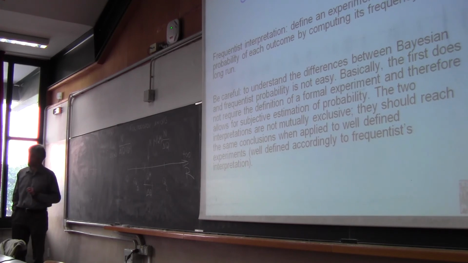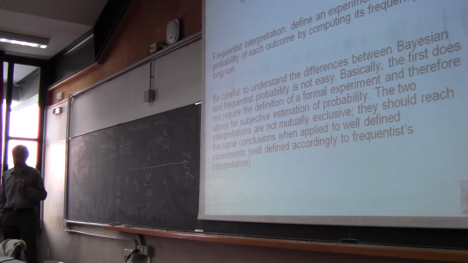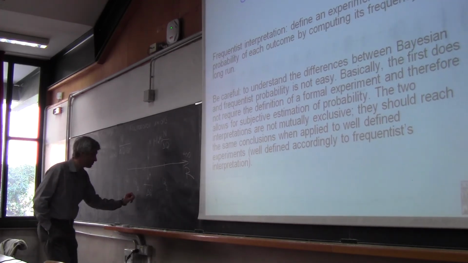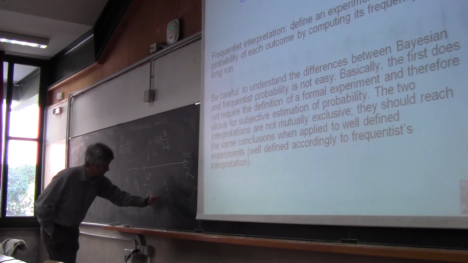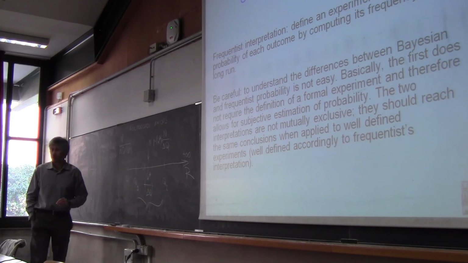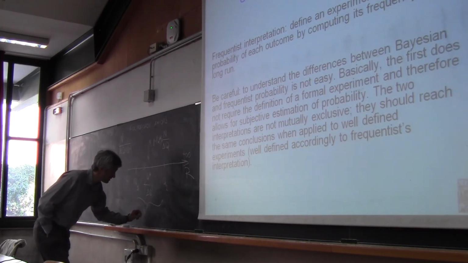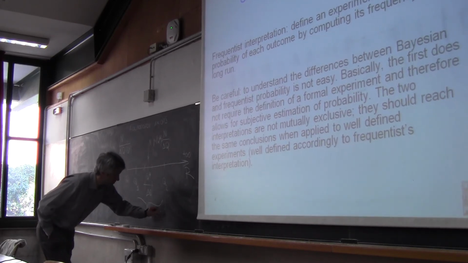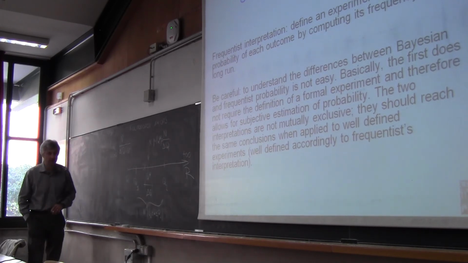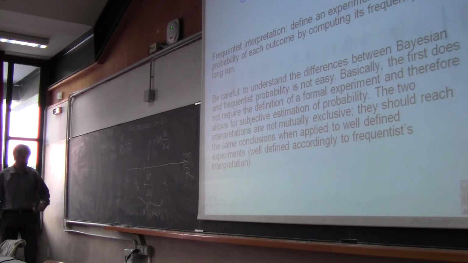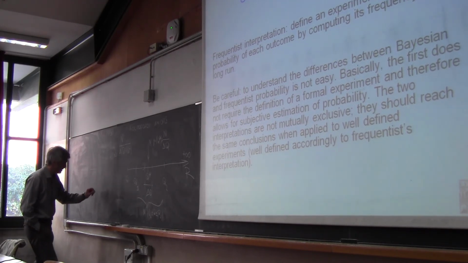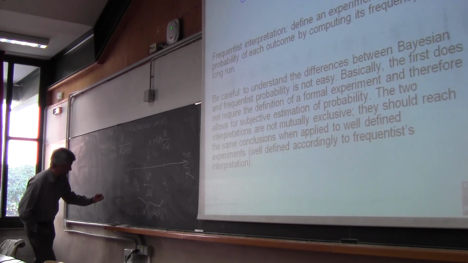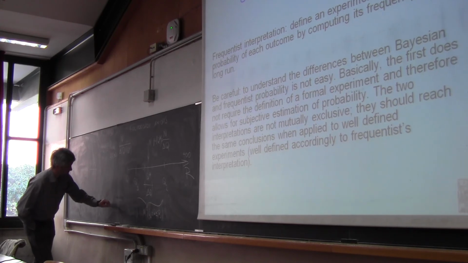It gives back to me the number of times that Q falls into the interval Q1, Q2. And let me call it N of Q1 less than or equal to Q less than or equal to Q2.